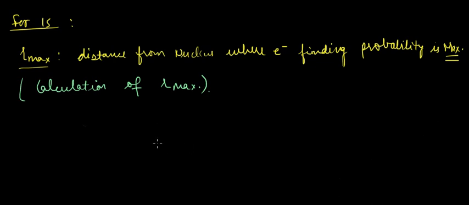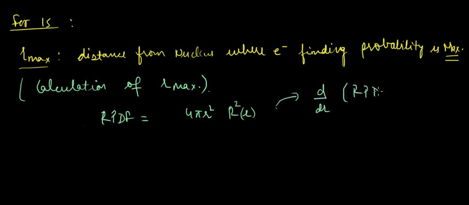Let me rewrite it. The RPDF value, as we discussed in the previous lecture, was 4 pi r square capital R square R. Wherever d by dr of RPDF is 0, this implies that the maximum probability would be there.